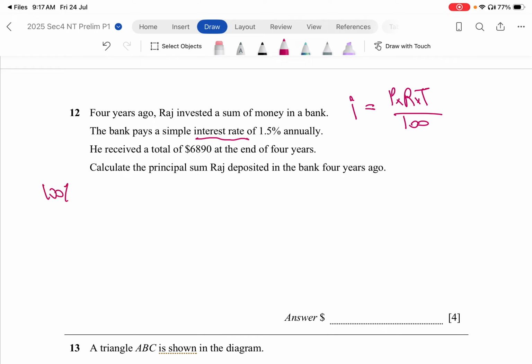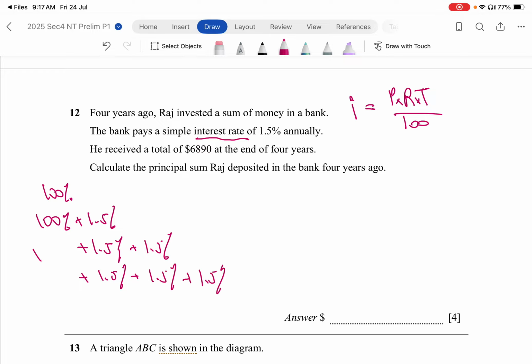So 100% you put in. Next year is 100% plus 1.5%. Then next year is 1.5% plus 1.5%. Next year is 1.5% plus 1.5% plus 1.5%. So this is 100%, and the last year, fourth year, is this.